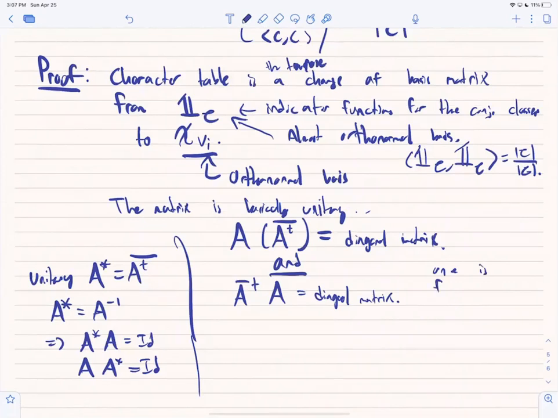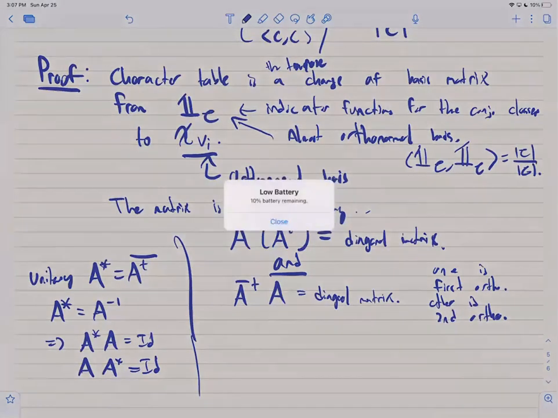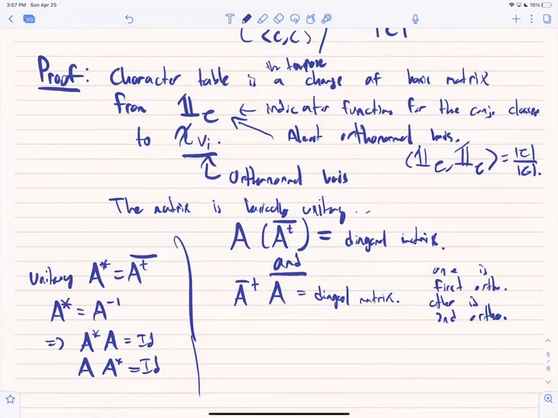Let me not try to sort out which is which. There are different ways you can think about this, but that's at least one of them.